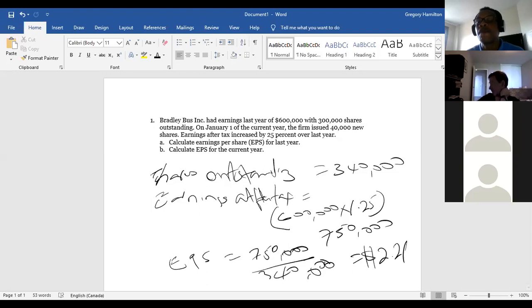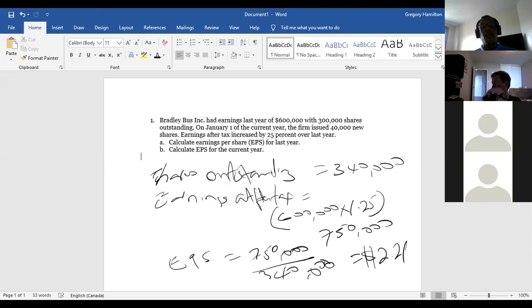I was wondering why we're adding the 40,000. If they're issuing it, wouldn't they be taking that from the reserves and selling that back to the investors? Okay, so remember what we're calculating: earnings per share. It's the number of shares outstanding, the shares issued by the company to investors, and those investors include all shareholders, like the board of directors, who may own shares.